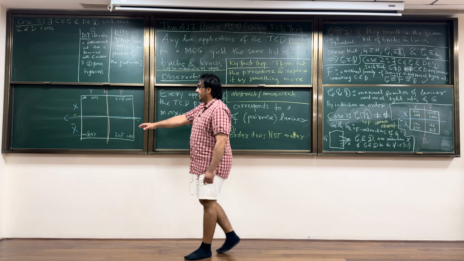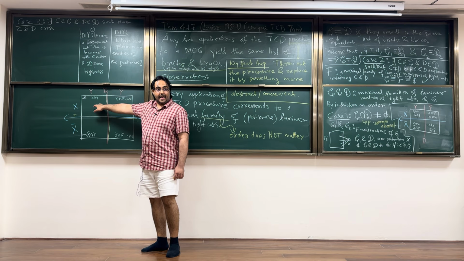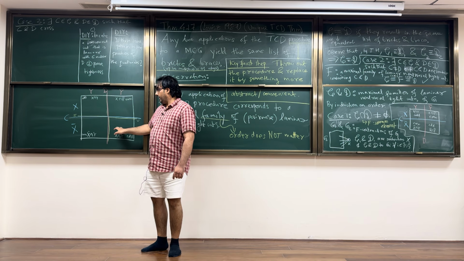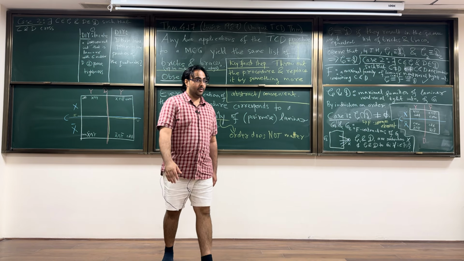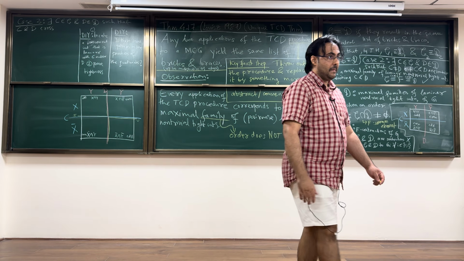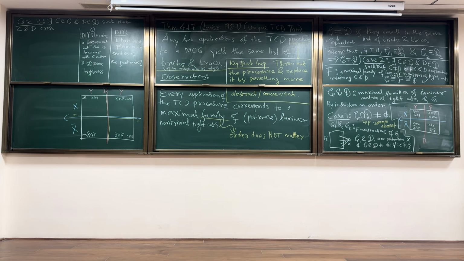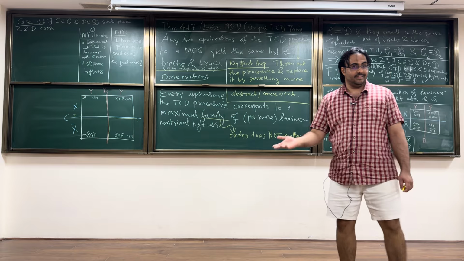So therefore this is a tight cut. I is a tight cut. By symmetry U is a tight cut. Yeah? So I and U are tight cuts. And they are laminar naturally to C and D by the definition.